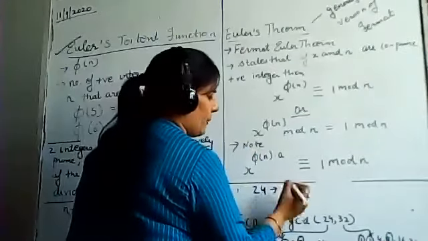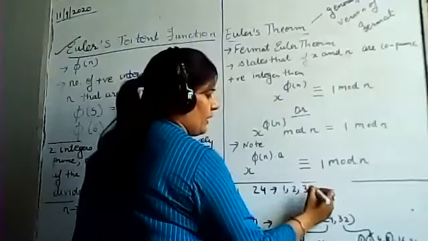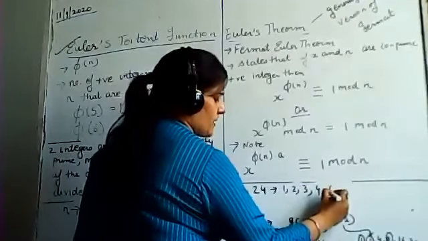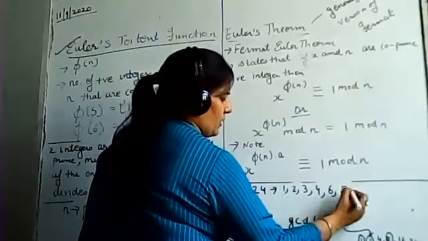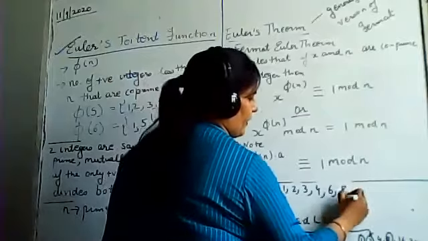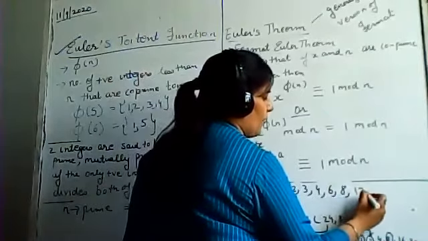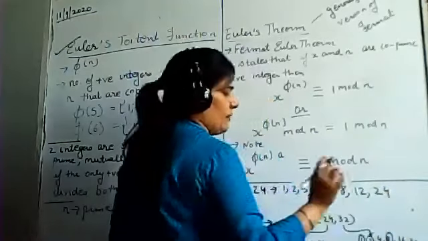It could be divided by 1, 2, 3, 4, 6, 8. With 7 it cannot be divided. With 9 it also cannot be divided, similarly 10, 11. But 12 is there, and 24 is there.